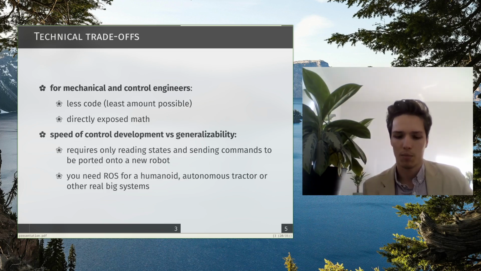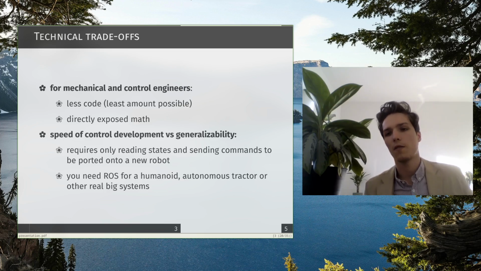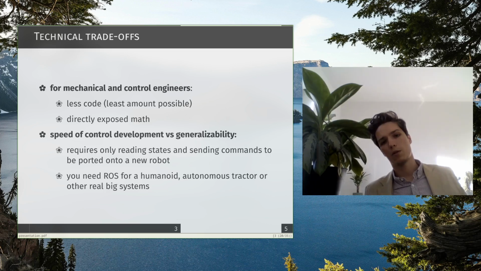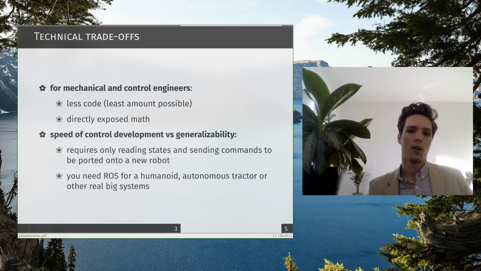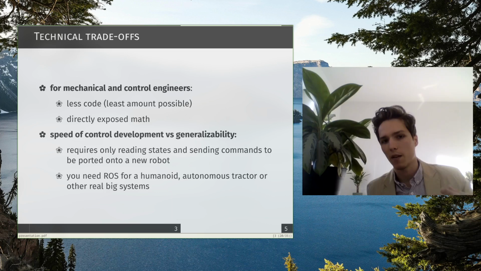Again, I will point you directly in the code for how you would go about doing this, but you would instantiate the process and use the simplest possible kind of messaging, and there is a skeleton for this basically. But this is not enough if you have a full-blown humanoid or an autonomous tractor or something where you're localizing, you're finding a map, you have to plan a path continuously over and over again.